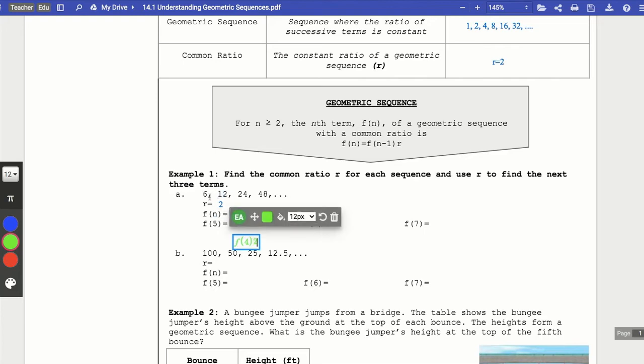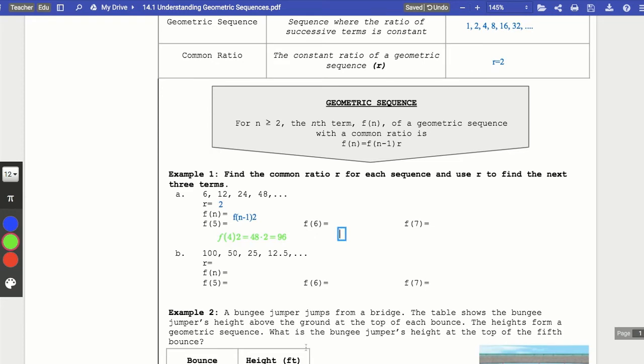Well, f of 4 is 48. Because it's a recursive rule, this is where I have to go back and look at what f of 4 was. And f of 4 was 48. So I'm really looking at 48 times 2. And 48 times 2 is 96. Okay. f of 5 is going to be 96.